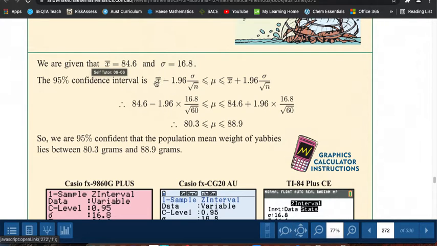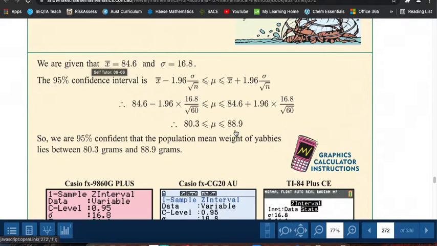Okay, so it's just the 84.6, the mean that we found, take away 1.96 of them, is the lower end of the scale. The upper end is that 84.6, that mean, plus 1.96 lots of it. Okay, so we put the n in, and they're all numbers. Okay, we just plug that straight into our calculator. Okay, and we get 80.3 and 88.9 on it.